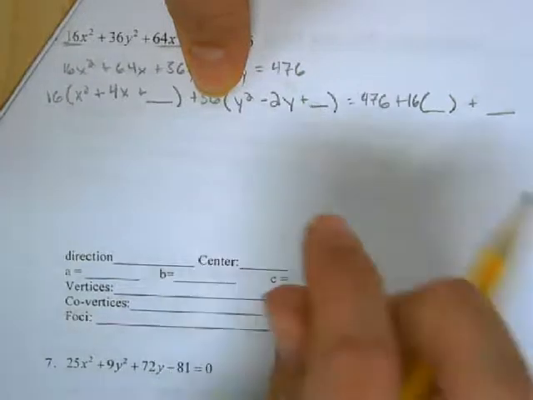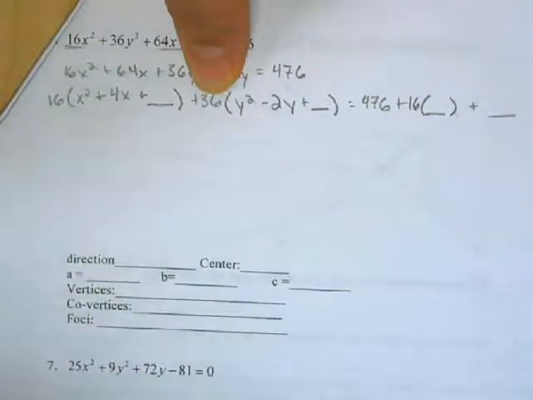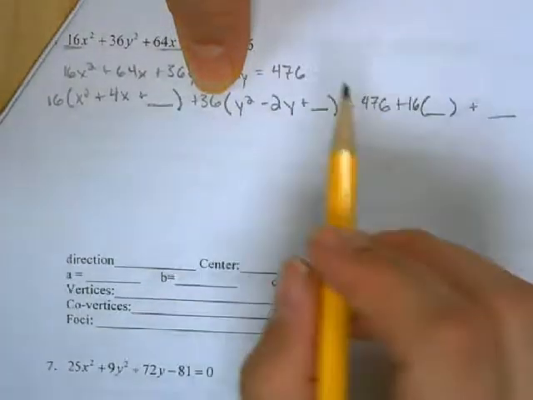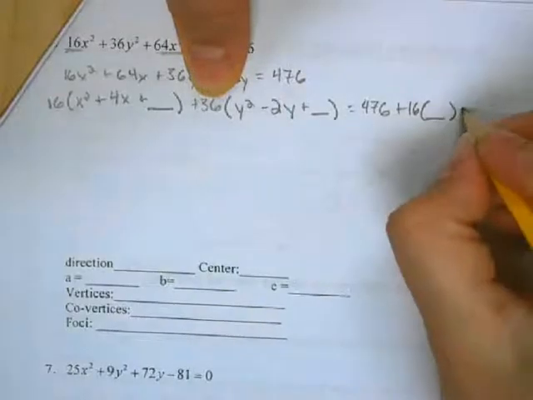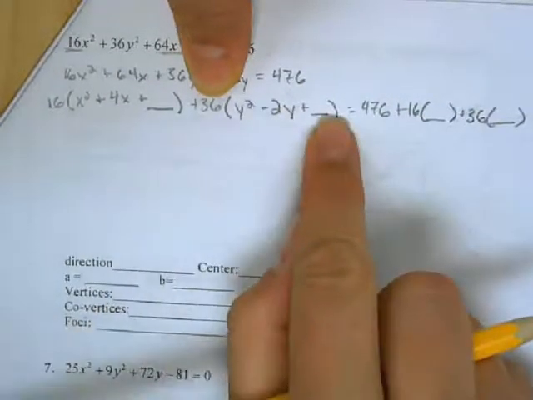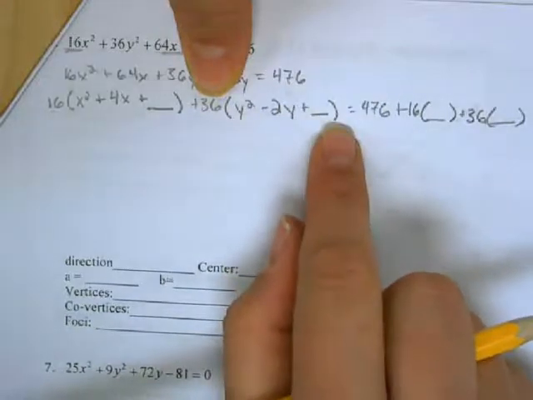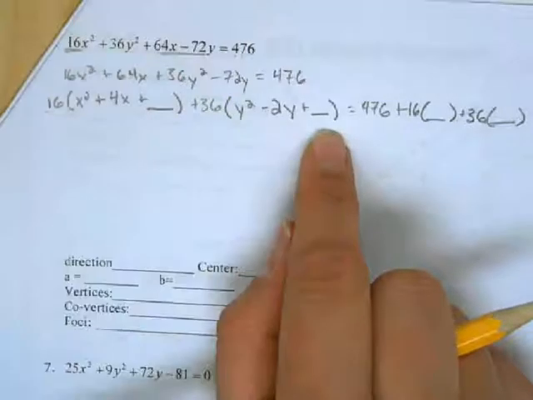I'll show you how to do that in a second, just in case you have forgotten, although this was from chapter 9, or unit 9 rather. So now we also have 36, I didn't leave myself enough room, so plus 36 times another blank, because it's going to be 36 times whatever I put in that blank spot. So how do I figure out what to put in the blank spot? Well, we did this in circles the other day.